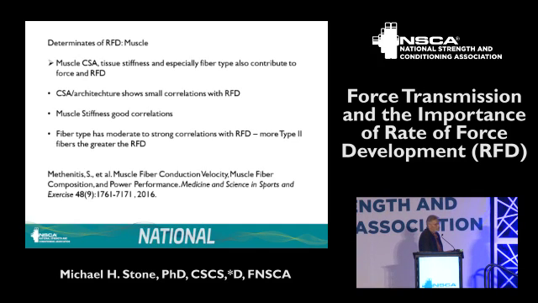Muscle stiffness has good correlations with the rate of force development. So the stiffer the tissue is, the better it transmits force. Fiber type has very strong relationships with rate of force development. And if you've got more type 2 fibers, that is fast fibers, and if the cross-sectional area of those type 2 fibers in relation to the type 1 fibers is larger, you've got an advantage in producing not only rate of force development, but maximum force as well.